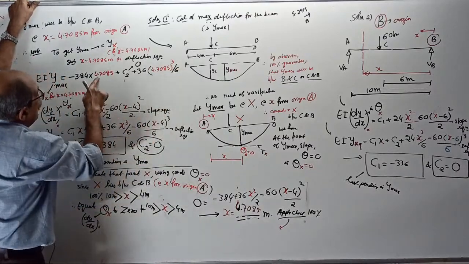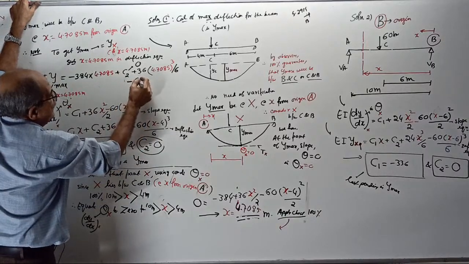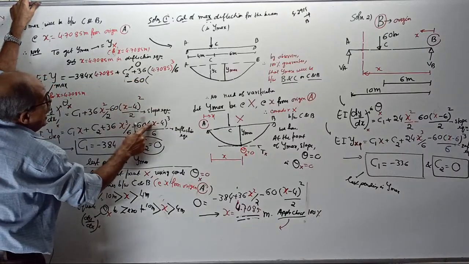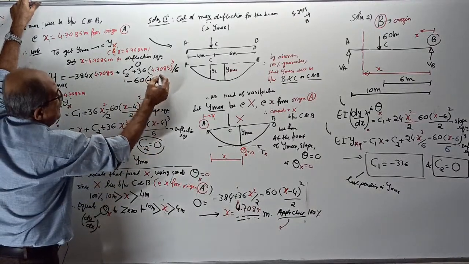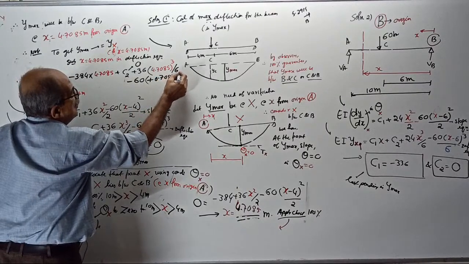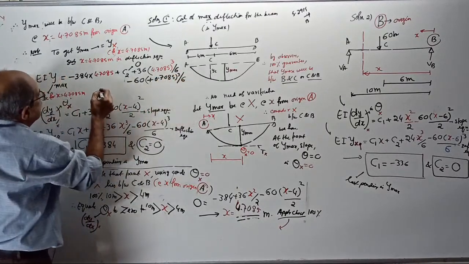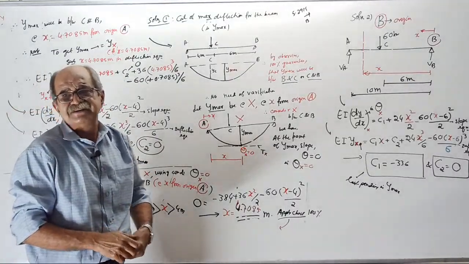X equal to 4.7085, minus 50 into (4.7085 minus 4 is plus 0.7085) cube by 6. Answer, fast.